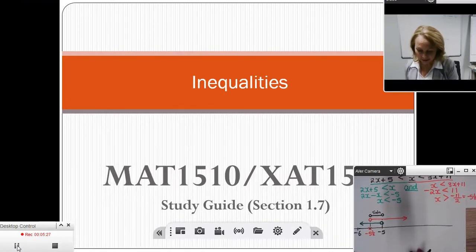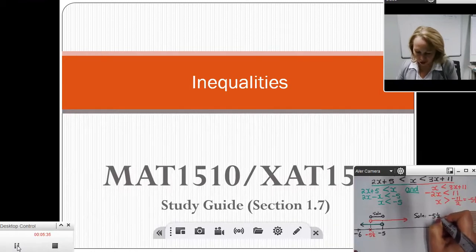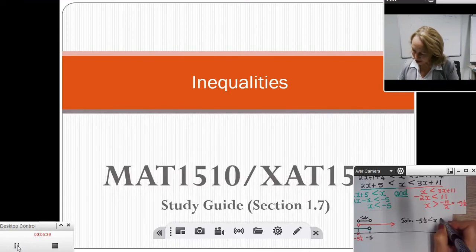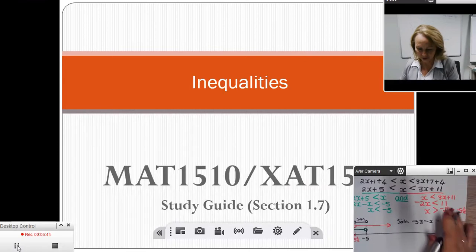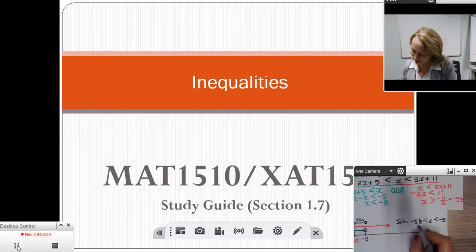If we write that solution as an inequality, we get the solution then to be negative 5.5 is strictly less than x, which is strictly less than negative 5. And this then is the simultaneous solution of the inequality that we started off with.